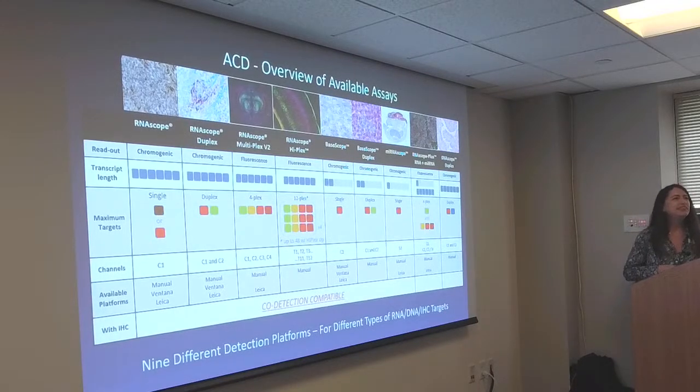So, yes. Another question. Is chromogenic qualitative, and is fluorescence the only one that's quantitative? Other way around. It's a lot easier to quantitate chromogenic. With fluorescent, you have to be really strict at how you do your imaging and how you control for exposure.